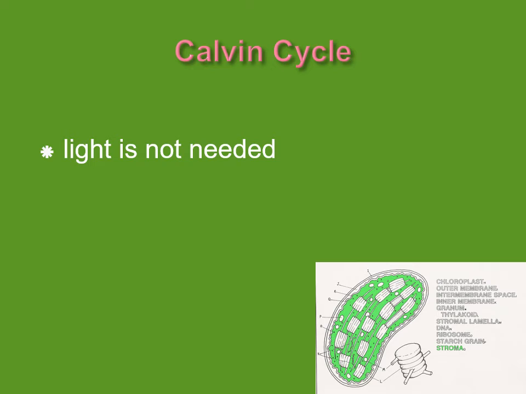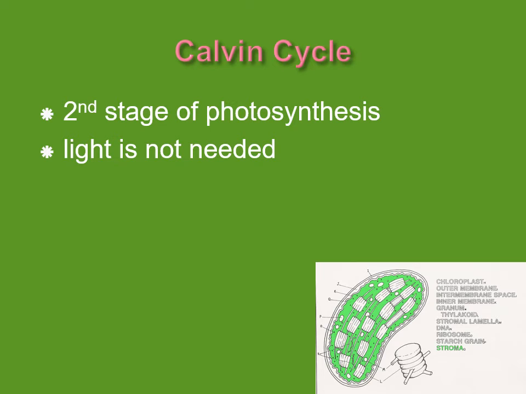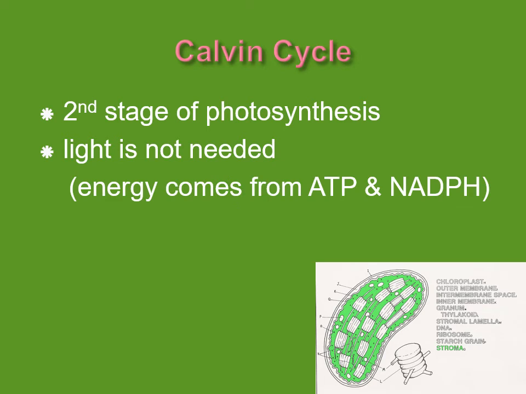When we move into the second stage of photosynthesis, which is sometimes referred to as the Calvin cycle, light is not necessary. This can actually occur later at night when the lights are off or the sun has gone down. Here, the energy that's necessary to drive this actually came from the first stage in the form of ATP and NADPH.